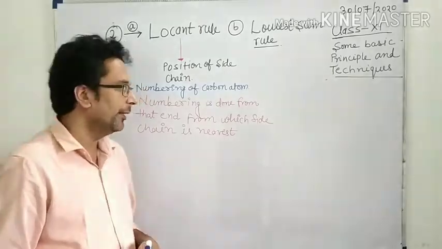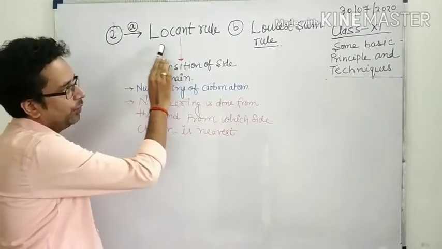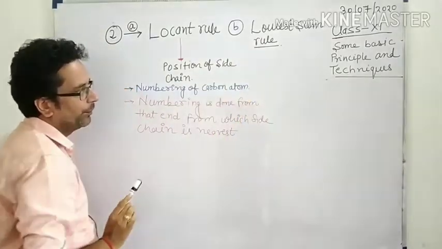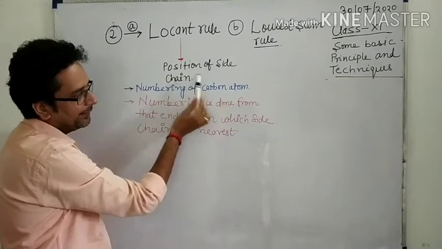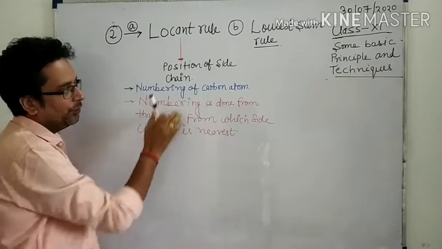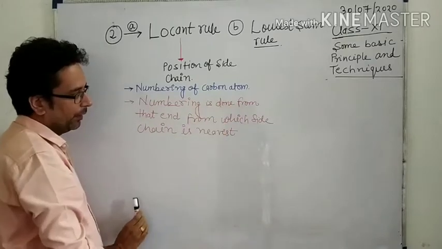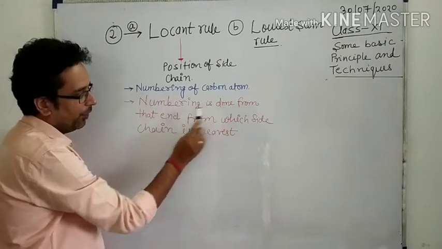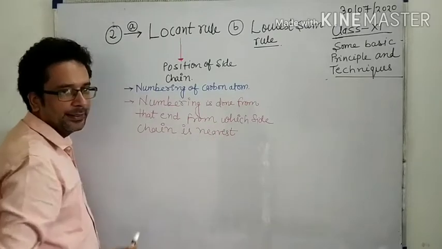Okay, so look here, locant rule. Second point, locant rule and lowest sum rule. Locant means simply position of side chain. How can we give the position of side chain? By numbering of carbon atoms. Now, numbering is done from that end from which side chain is nearest.